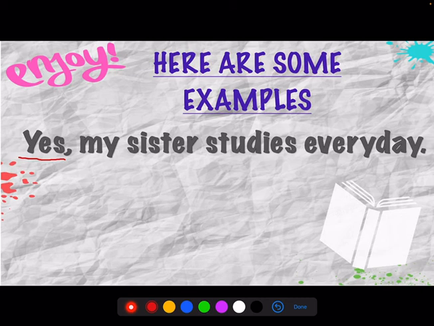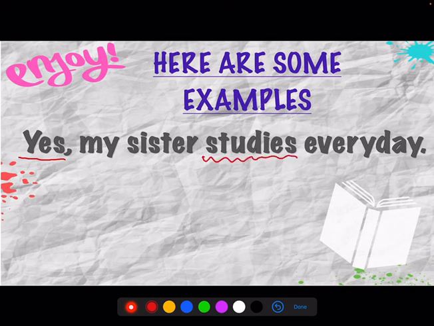So first, if we want to start our question, we have to focus on something here. I don't have any helping verb, verb to do, verb to have, or a modal. I don't have any of these in the sentence. I have a base verb, which is studies.